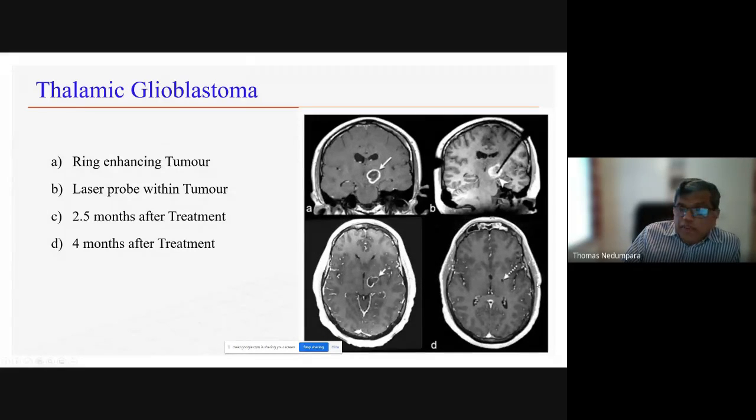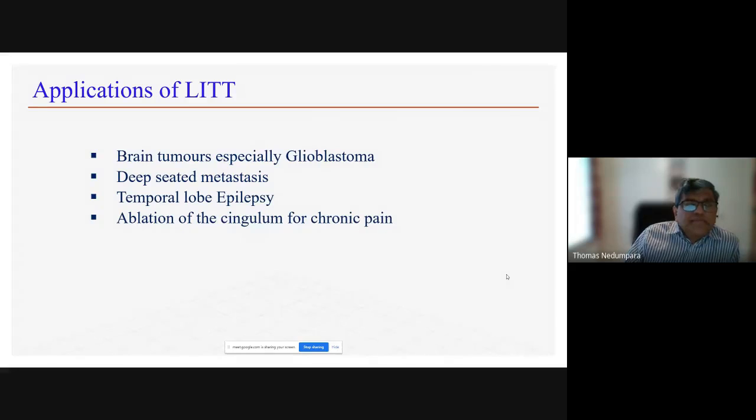Four months later, it has almost disappeared. So this kind of treatment, interstitial laser therapy, can be used for brain tumors like glioblastoma, deep-seated secondary brain tumors, temporal lobe epilepsy, and ablation of cingulum for chronic pain.